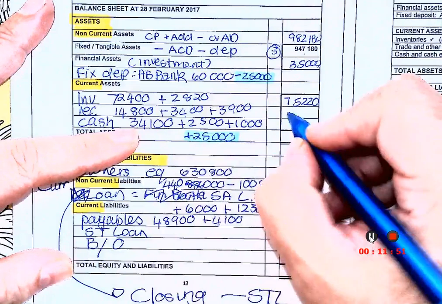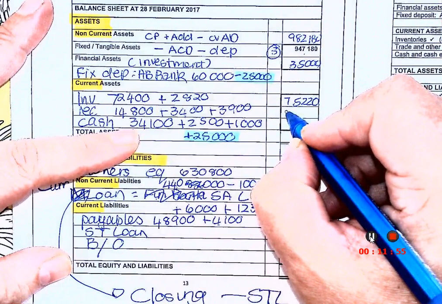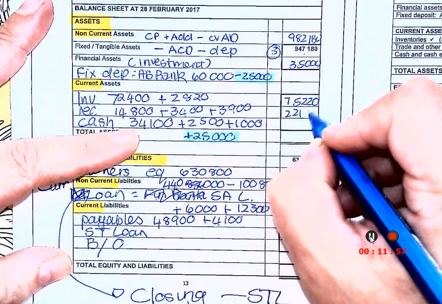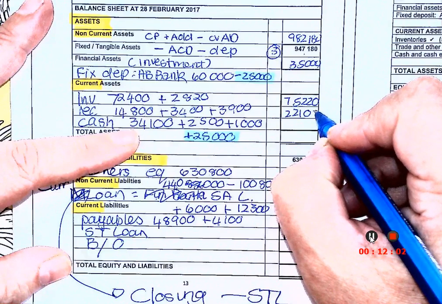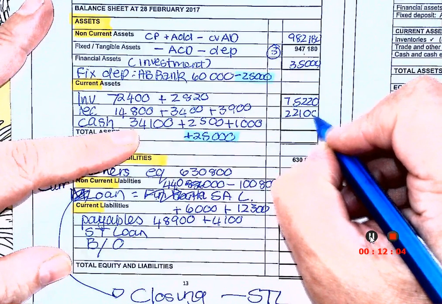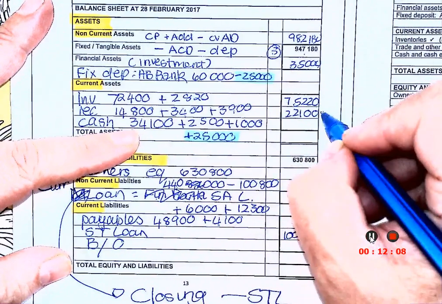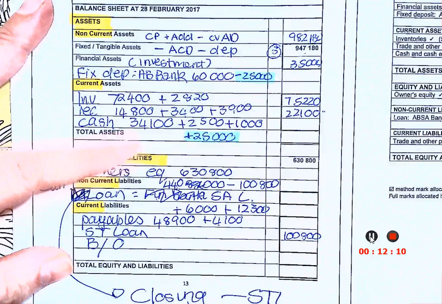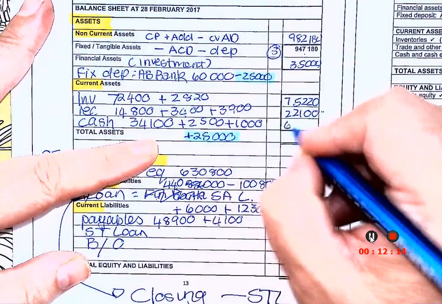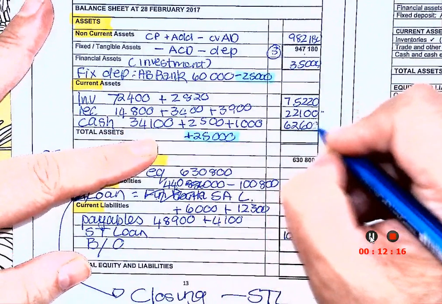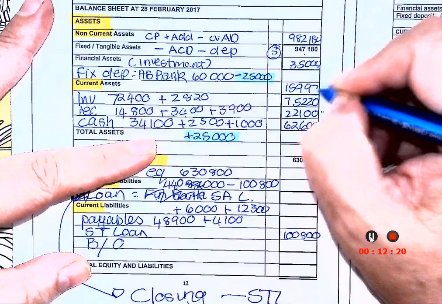Okay. Receivables 221,000. Yeah, that's correct. Oh, like that. Okay. Cash 62,600. Block and top, 159,920.